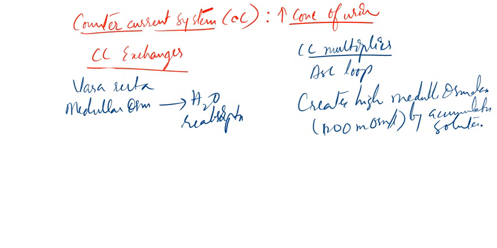So back to the point. In case of the ascending loop, that is the counter current multiplier, what actually happens? Counter current multiplier is present in the ascending loop.